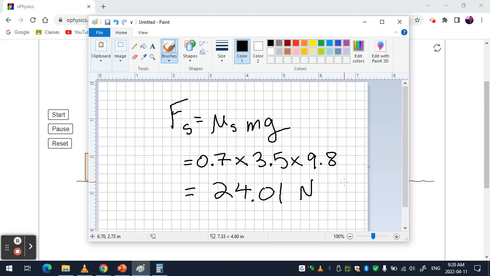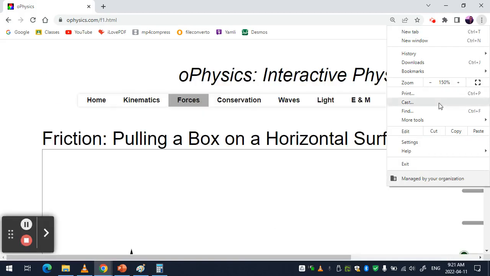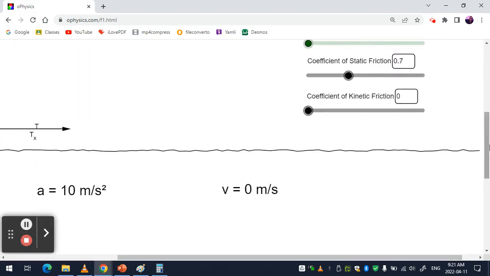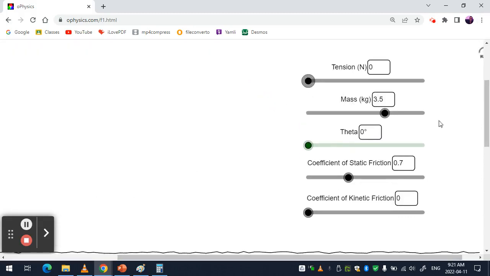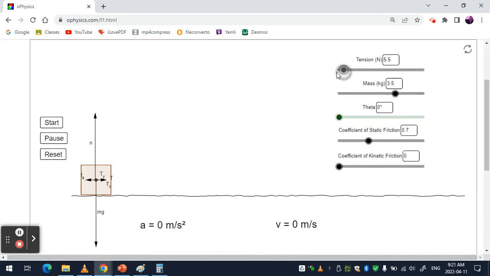To start moving. Okay, everyone, eyes on the screen. What's this word? Tension, as if I'm applying a tension force. Okay, let me zoom in, and let's see what's going to happen. How much is my tension so far? Okay, keep going.